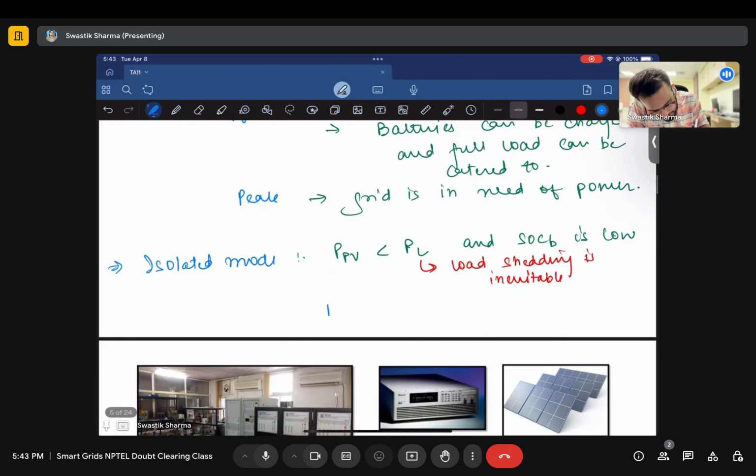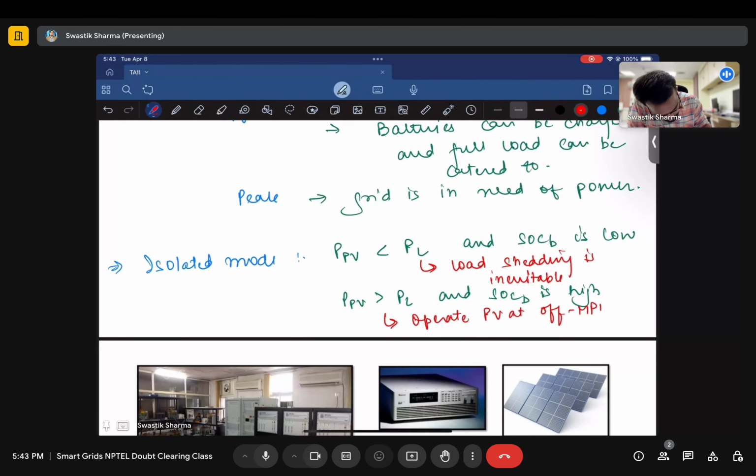But if the opposite happens, PPV is greater than PL and SOCB is very high, then you have to operate PV off MPPT. So you have to derate it.